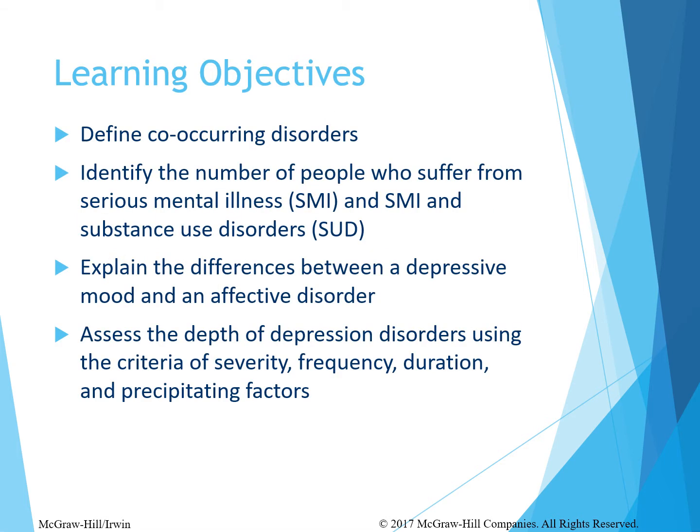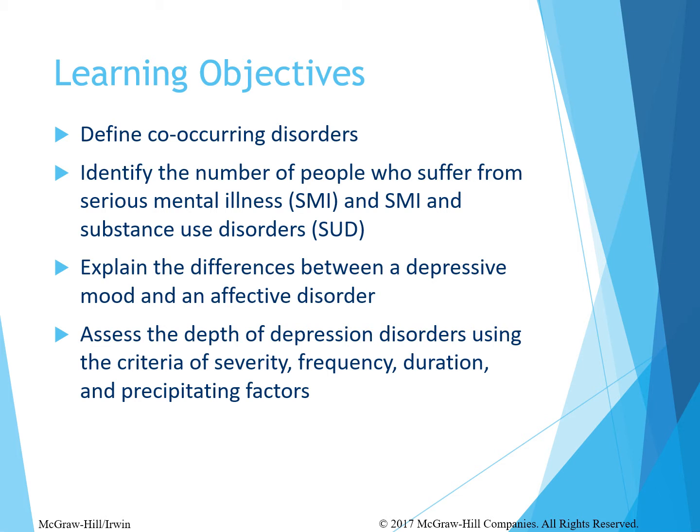In this chapter, you will learn to define co-occurring disorders, identify the number of people who suffer from serious mental illness, also known as SMI, and explain the differences between a depressive disorder and an affective disorder.